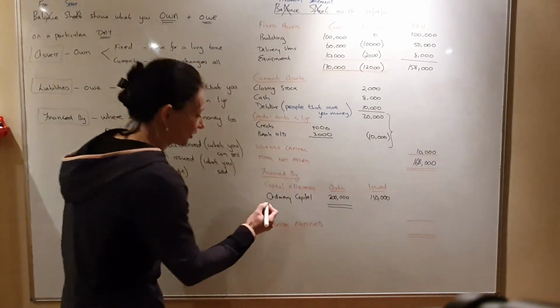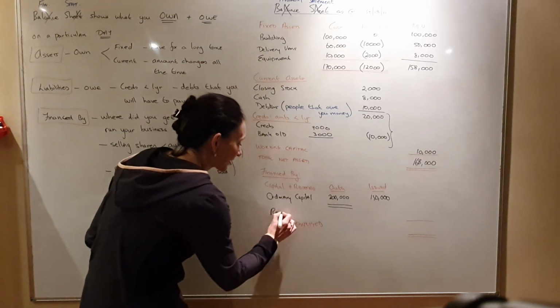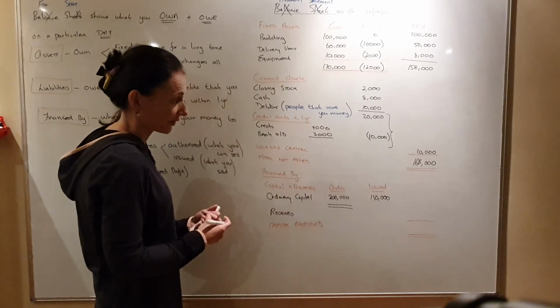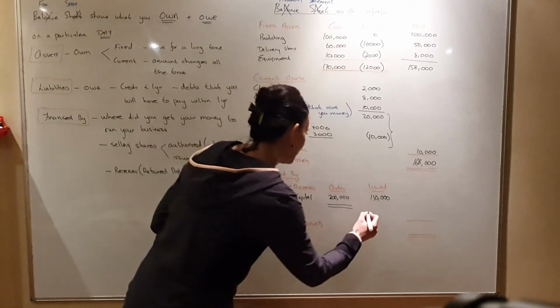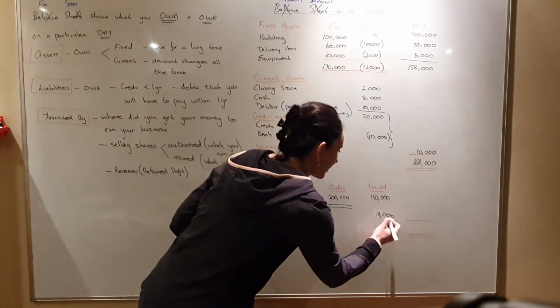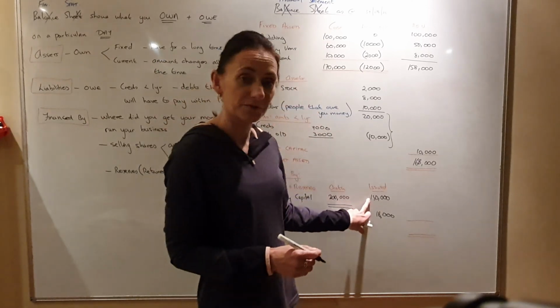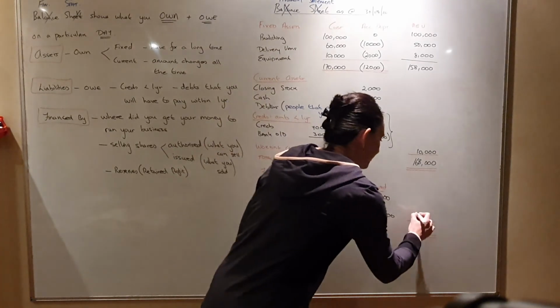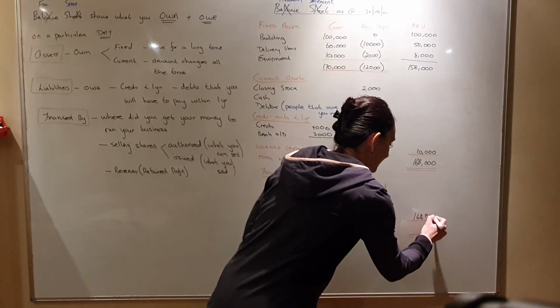Now, the last place that you get money from is reserves, or the money that you have saved this year. And in the business this year, I'm going to pretend that we have made 18,000. So this business got 150,000 from selling shares, made 18,000, so there's 168,000 put into the business.